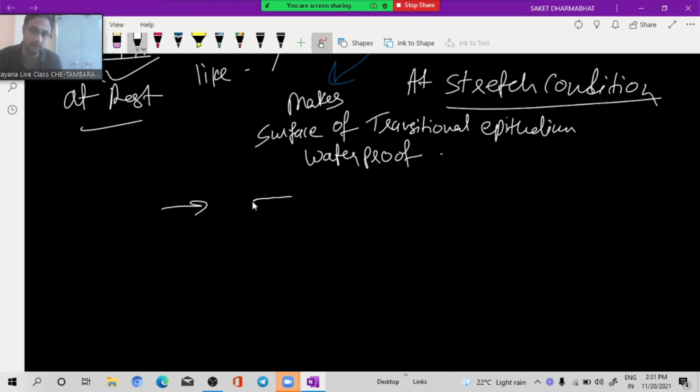Okay, the urinary bladder is trigonal in shape. That's why it is also called the trigone. So in this urinary bladder, first of all, see, this is what? Kidney.